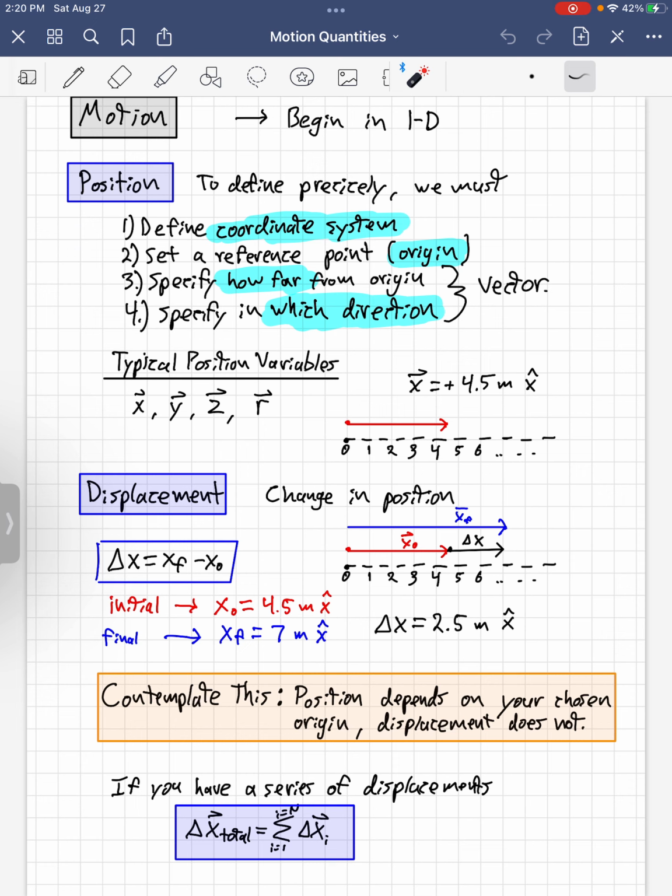And right here, this is a vector that says we're at plus 4.5 meters along the x-axis. But in order to describe that position, we first needed to say, okay, the origin is here, and the coordinate system says the positive axis is going to the right, right?